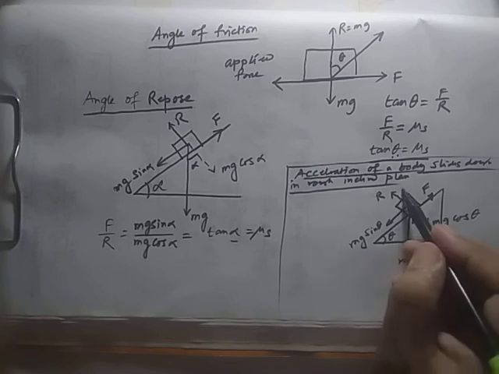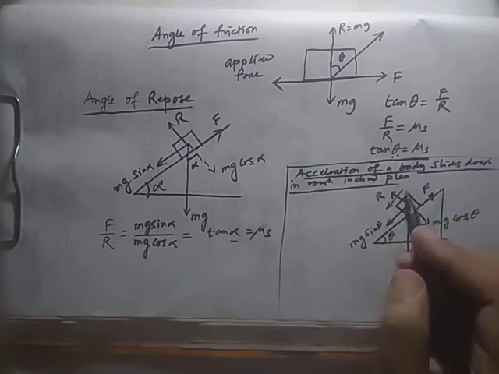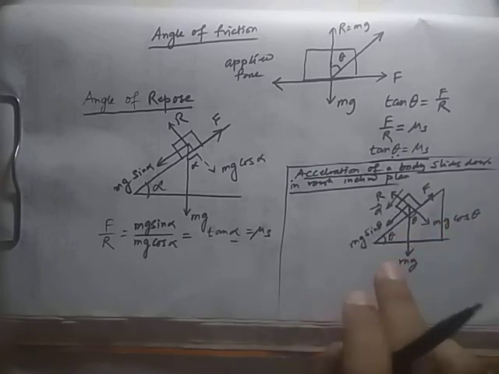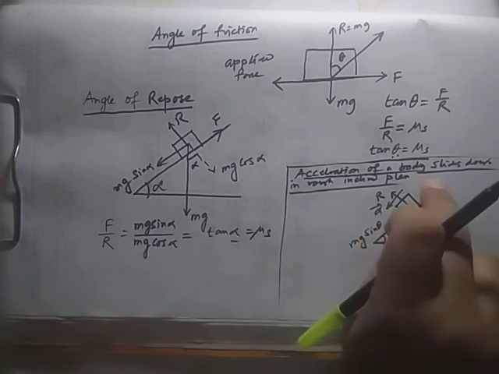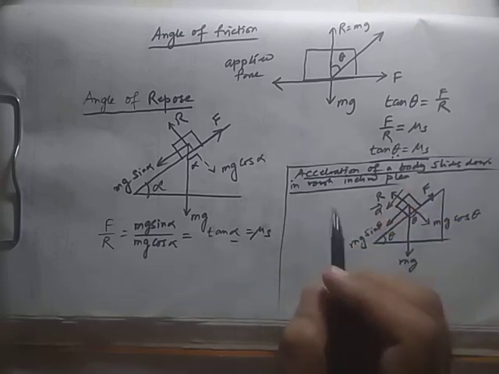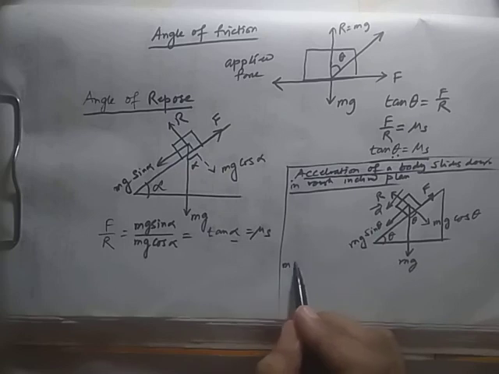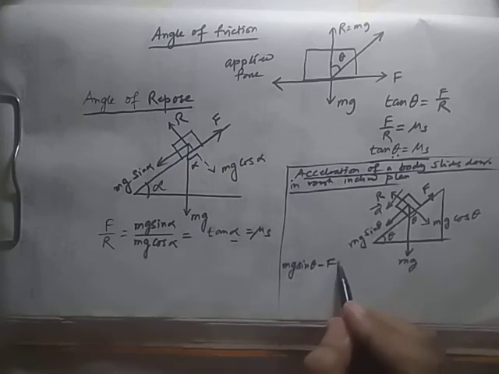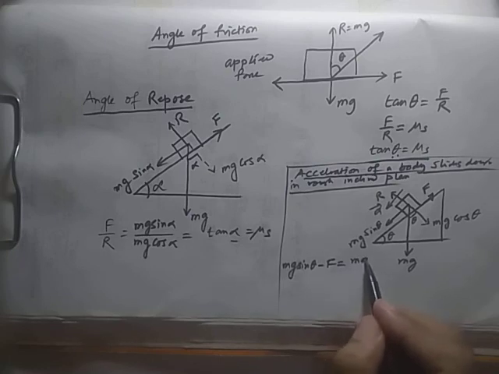So see, the object is actually going in this direction with the acceleration a. So you can understand this one, this force is more, this force is less. So you can write from here that mg sin theta minus f is equal to m into a.